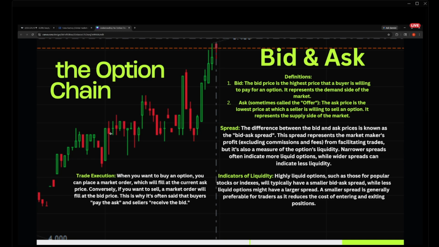So it's obviously somewhere in the middle that somebody would have a higher chance of getting filled or buying that. So they probably hit 195, and the seller would be more likely to give in. But the bid is literally the highest price that a buyer is willing to buy that contract at. It represents the demand side of the market.